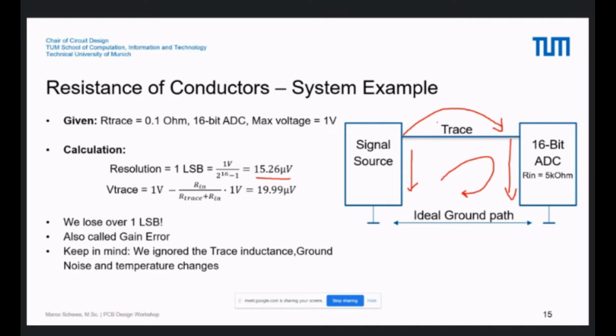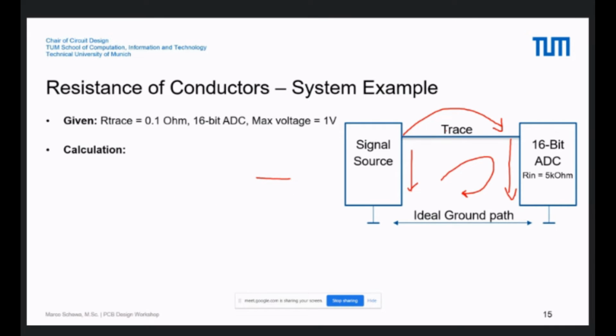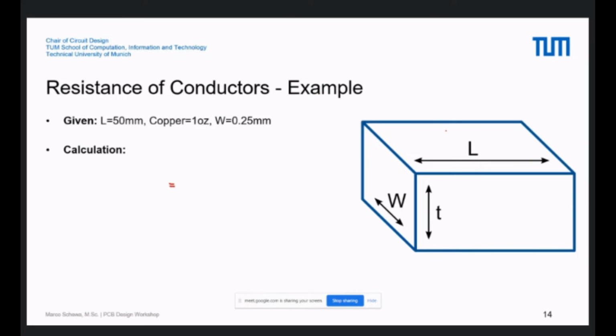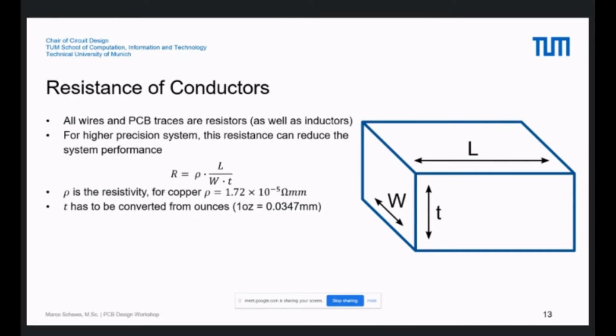Therefore, it's important to design the trace such that you have a very low impedance or a very low resistance. To decrease the resistance here, you have to decrease the length, or you have to increase the width or the copper thickness. Both are possible. But the better way is to decrease the length.